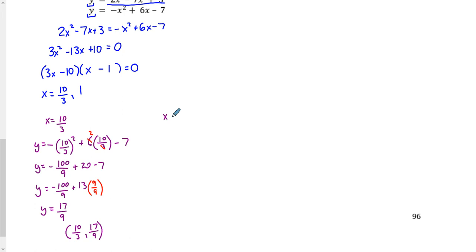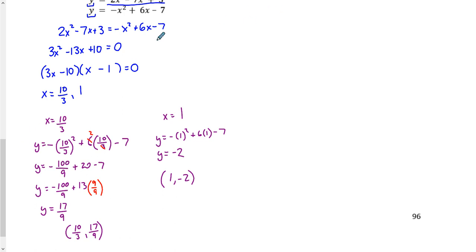So let's solve for the other one. When x equals 1, negative 1 squared adds 6 times 1, subtracting 7. So 1 squared is 1, negative 1, add 6 would put us at 5, subtracting 7, negative 2. So this coordinate would be 1, negative 2.